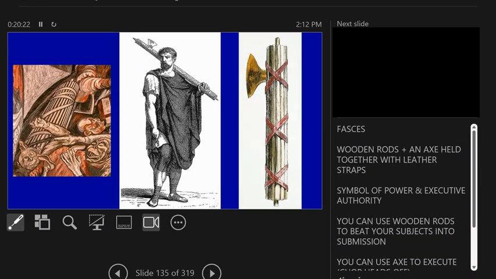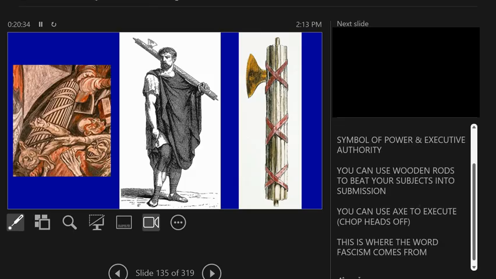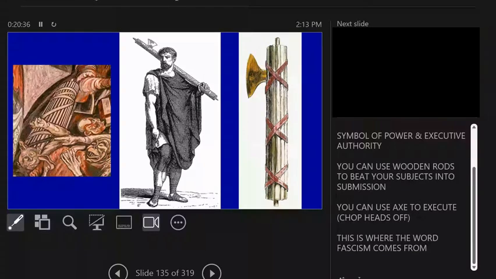That is a fasces, some wooden rods and an axe held together with leather straps. It's a Roman symbol of power and executive authority. You can use the wooden rods to beat your subjects into submission, or you can use the axe to execute your plan or execute the people.